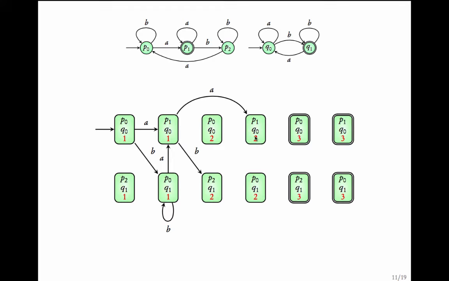Because this is 2, you should look at this. Is Q0 an accepting state? No. So, you should stay here itself. You should go to the P1 Q0 with the 2. Similarly, P1 Q0 on a B should go to P2 Q1, and since this Q0 is not an accepting state, it goes to the P2 Q1 with the same flag.